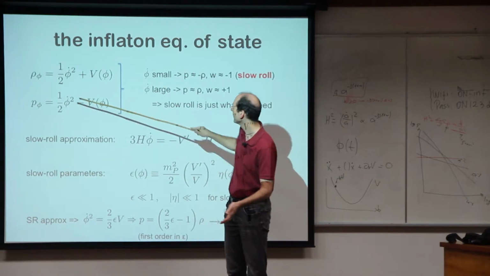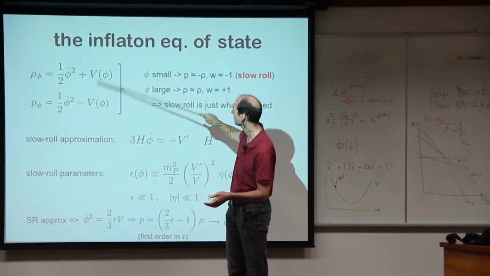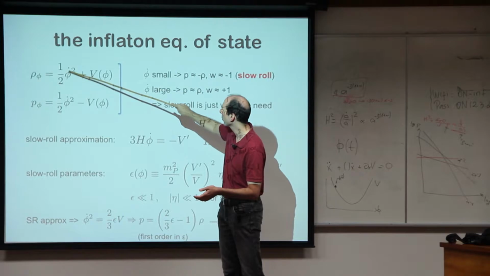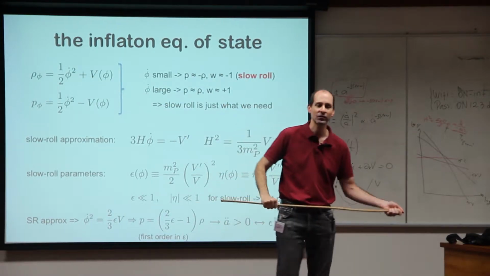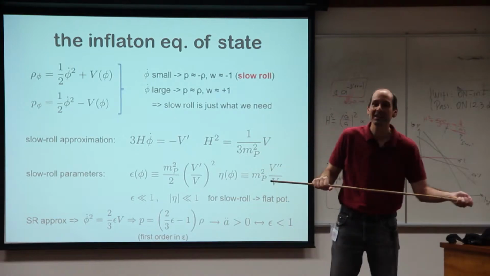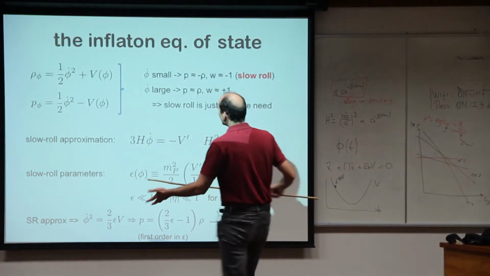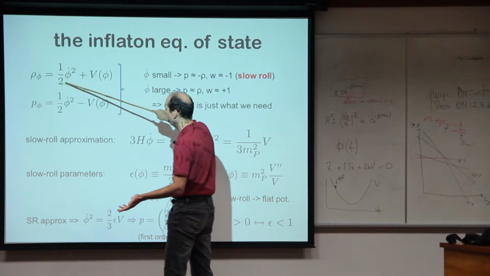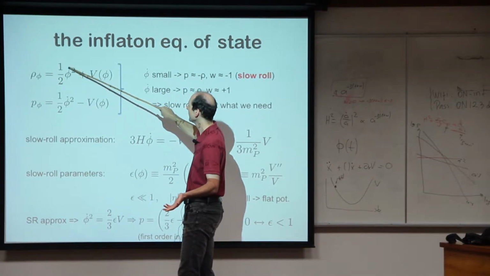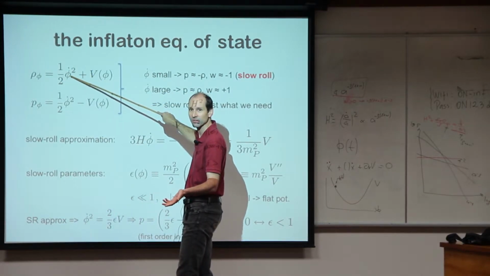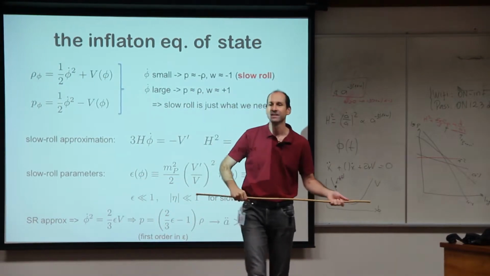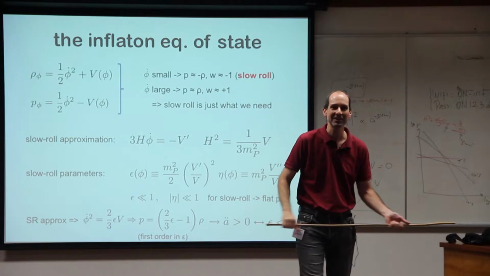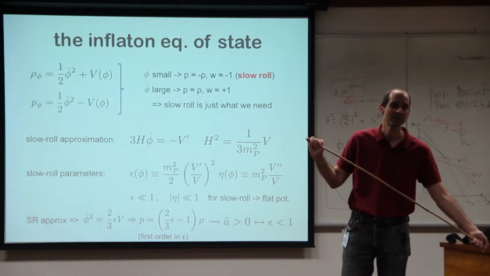Large in the sense that you can forget about the potential contribution, and you only have the phi dot square that dominates the energy. So you can think of this as a kinetic energy dominated contribution, because this is exactly also like a particle. This is the kinetic contribution, and this is the potential energy. So everything here is like a particle in a potential.